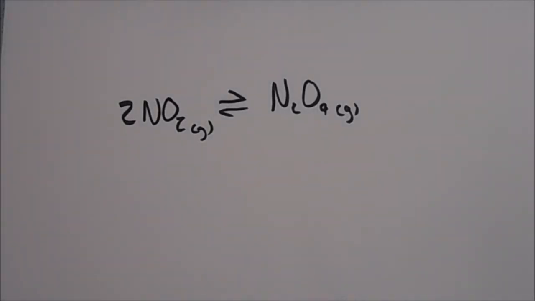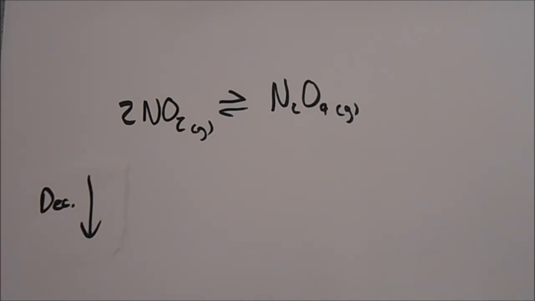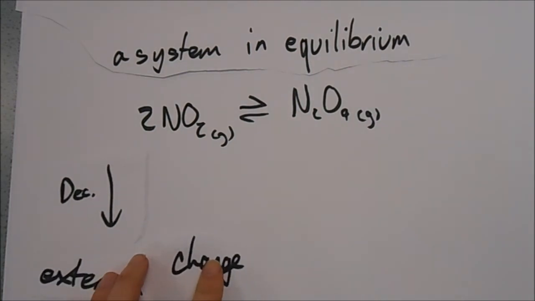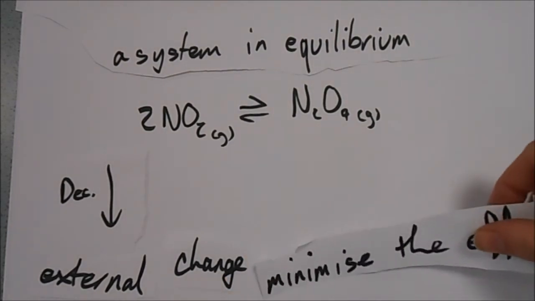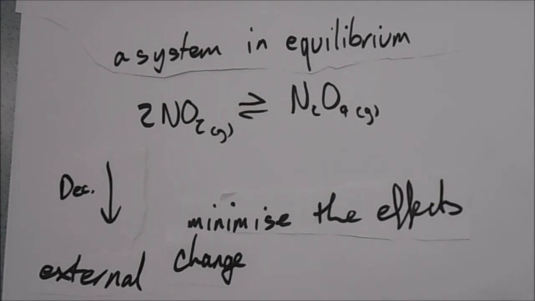Again, the opposite is true. If we decrease the pressure, then we'll find that our system in equilibrium is undergoing an external change, and so to minimise the effects, the equilibrium is going to adjust itself.